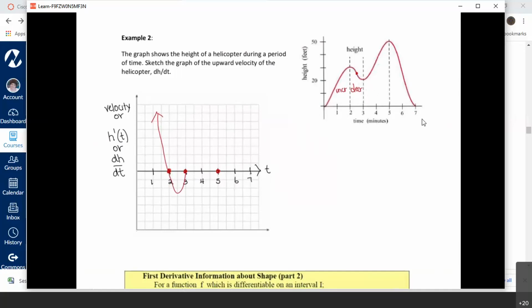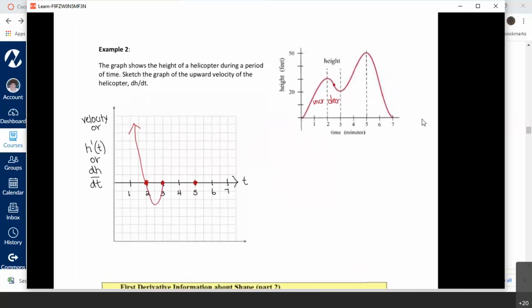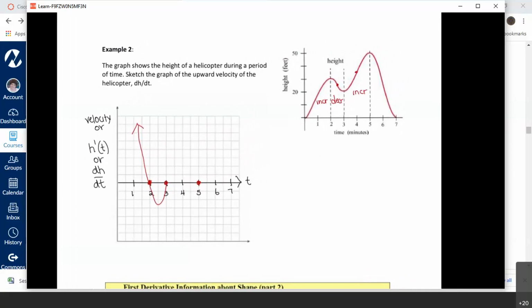If you look from 3 to 5, you can see the function is increasing, which means from 3 to 5, I've got a positive y value on my derivative. And somewhere in here, it's going to turn around from being concave up to concave down. Let's put that at 4, just because I'm eyeballing my graph.